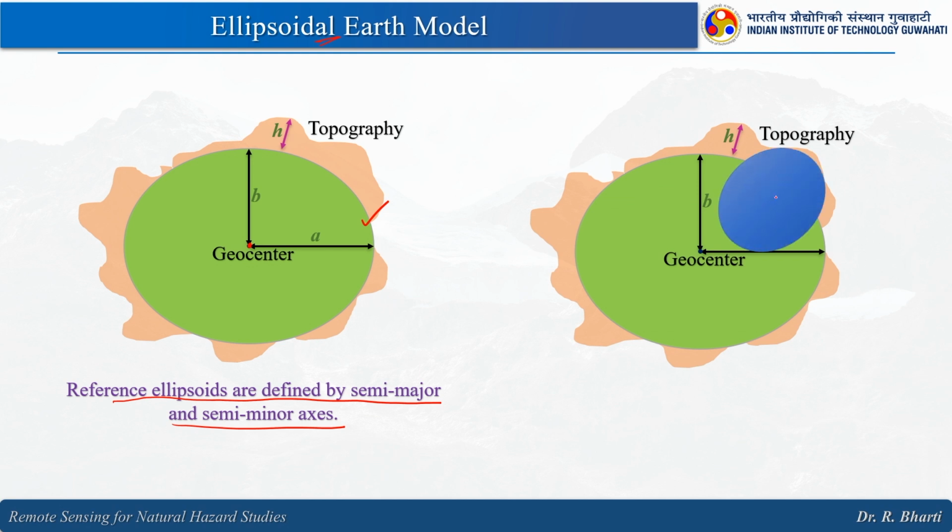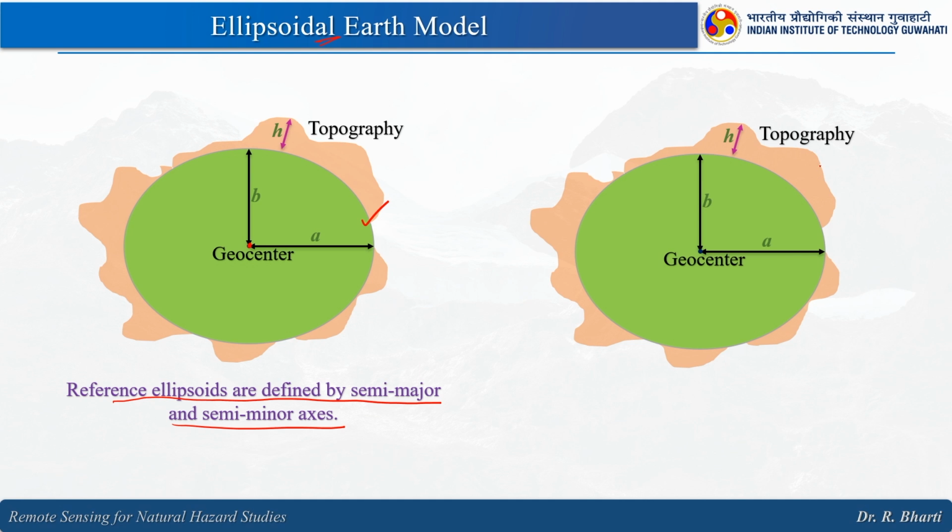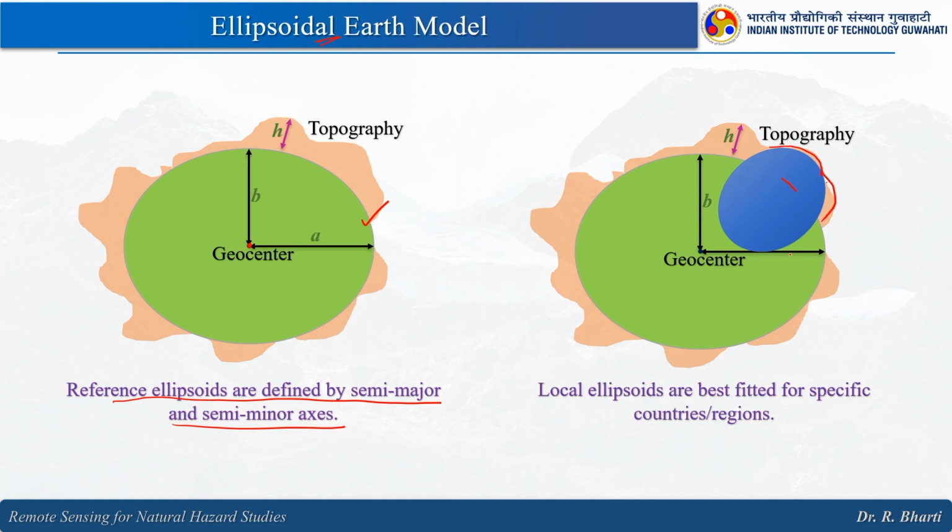Here you can see this is the local ellipsoid, which is representing this particular area in the best way, right. Just see carefully. Here this is the topography, this is the ellipsoidal earth surface, right, and once we have this, it is representing this particular elevation in the best way.